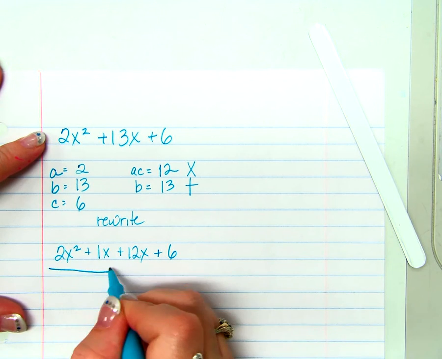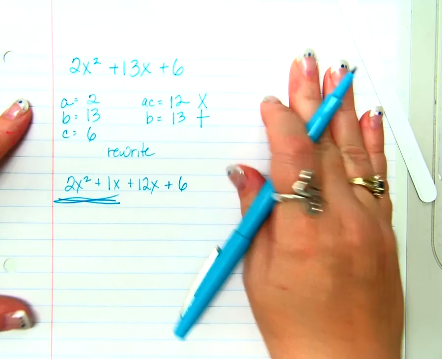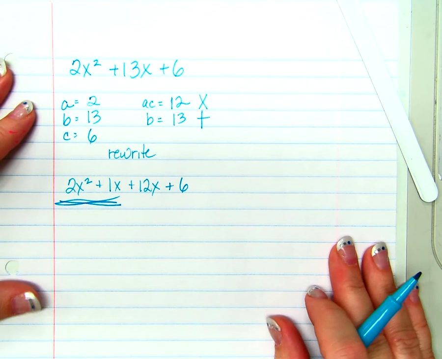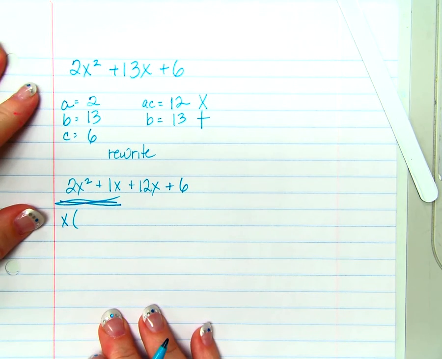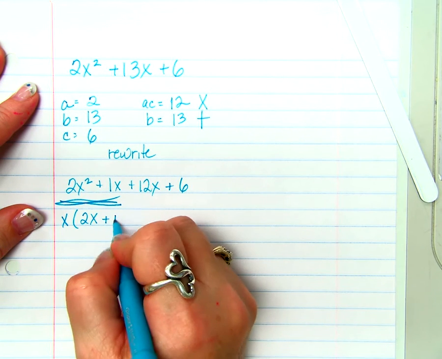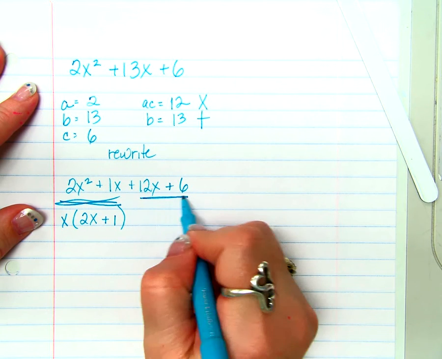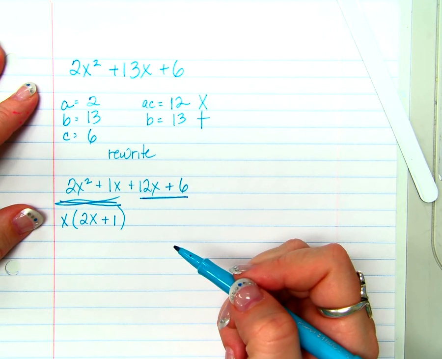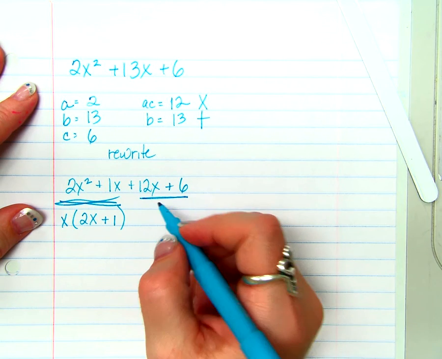So just look at your first two terms, just those two right there. What do they have in common? What are they both divisible by? X. If I factor out an x, what is left? 2x plus 1. Look at just the last two terms. What do I have in common? A 6.